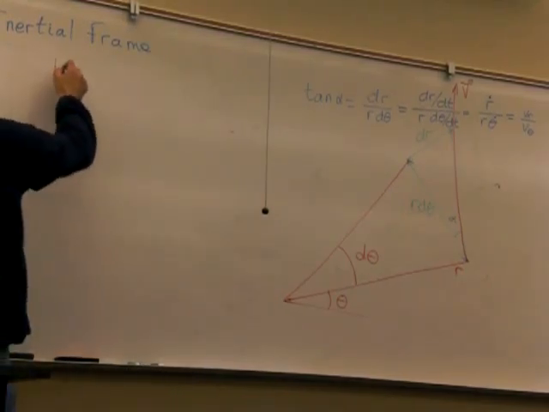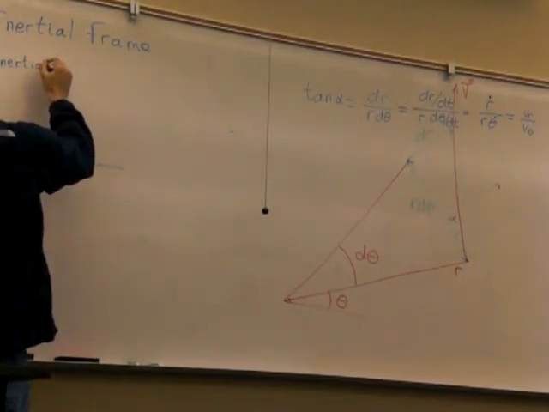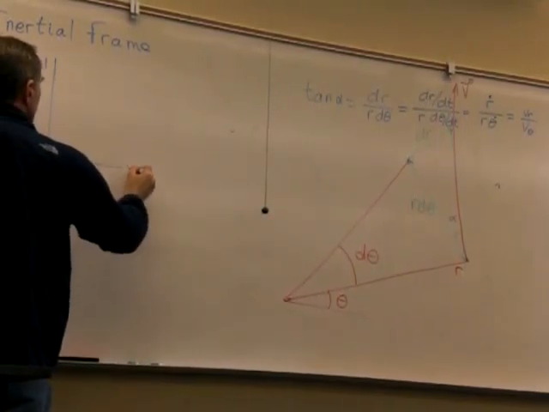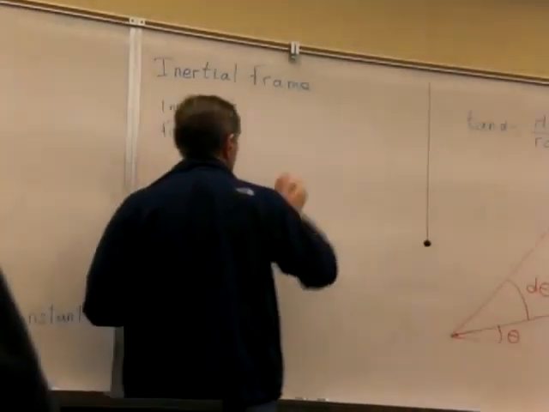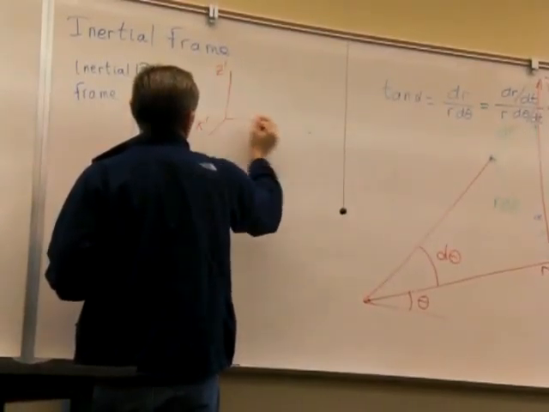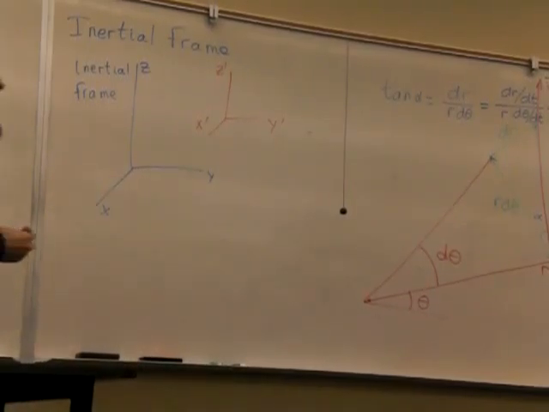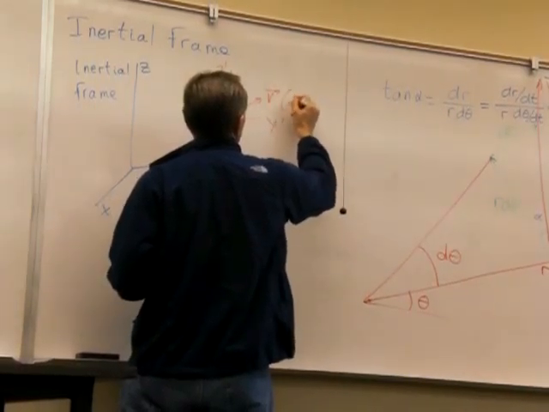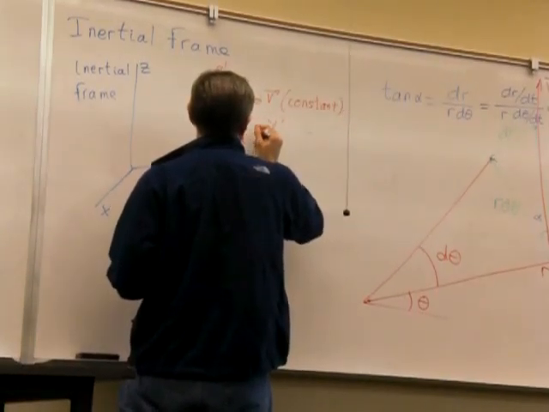So if you have an inertial frame, and you have another frame in there, x prime, y prime, z prime, the axes do not have to be parallel, I mean, they are here, and it's moving with a constant velocity, then that frame is also inertial.